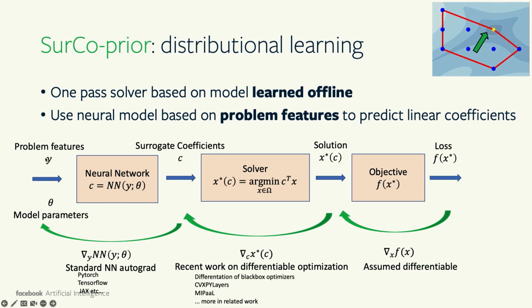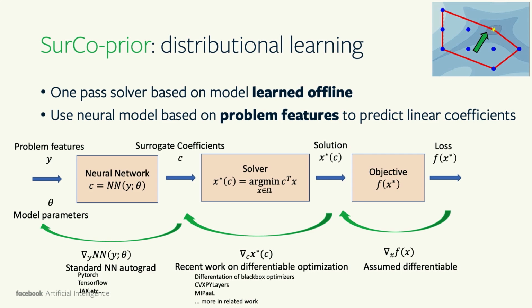Those features are useful for determining which loss functions we are actually optimizing. So you have a function f you want to optimize with respect to your variable x, but that function f is also parameterized by the problem features. So you really want to learn a solution that is also parameterized by the problem features.